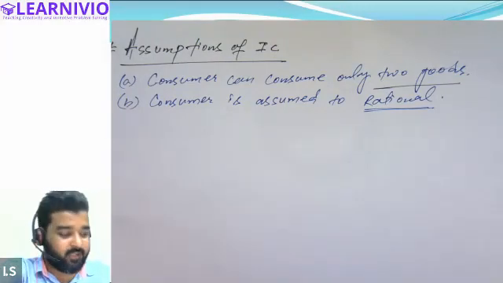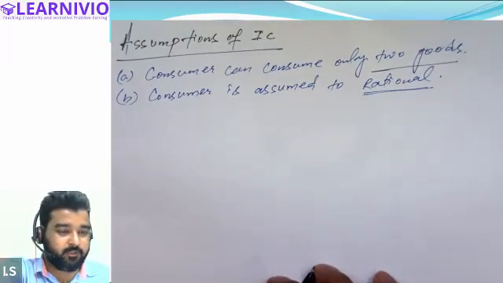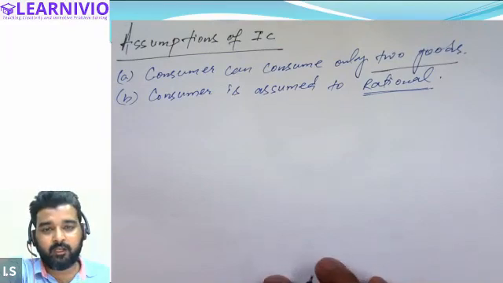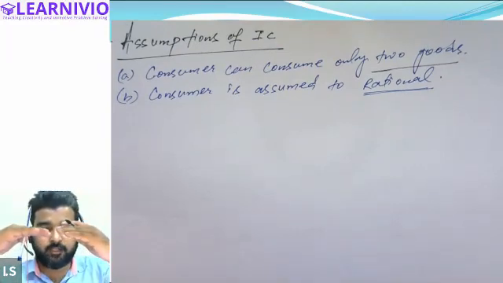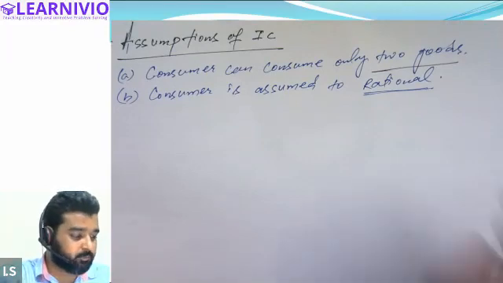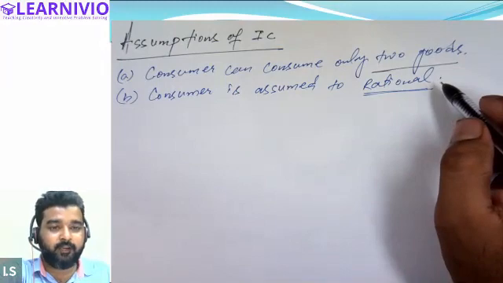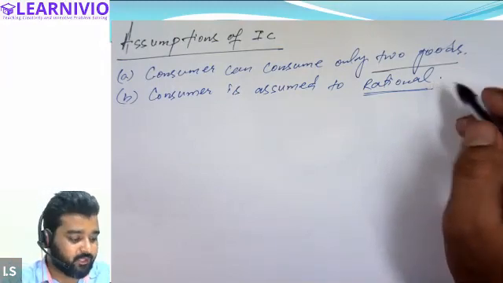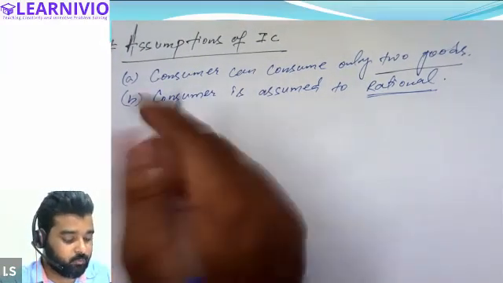Rational person or an irrational person? Who can decide how many units of one commodity should be increased and how many units of the other commodity should be sacrificed so as to maintain the same satisfaction level? Only a rational customer. Therefore, we assume that while discussing the concept of indifference curve, the consumer is assumed to be rational. All right, everybody.